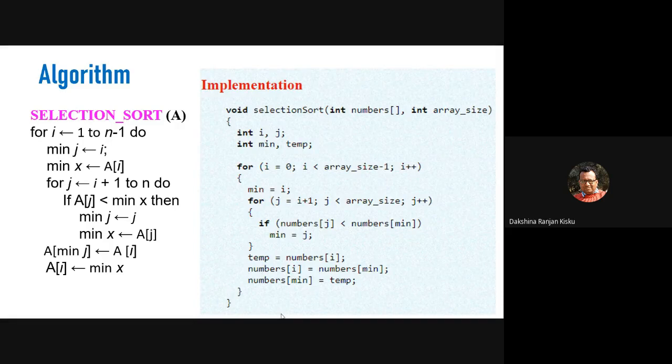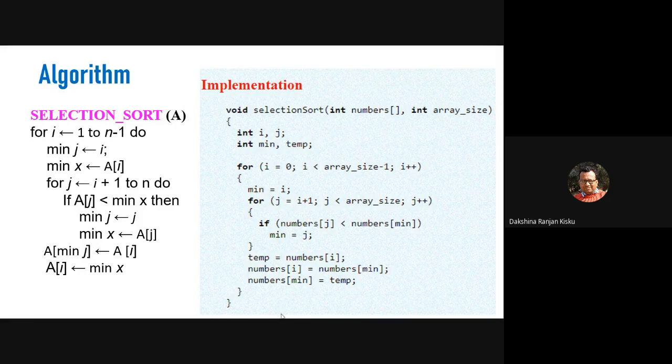But if we look at the programming part, we can see that because of this then part, this algorithm will vary. That means because of this part, the time complexity will vary.